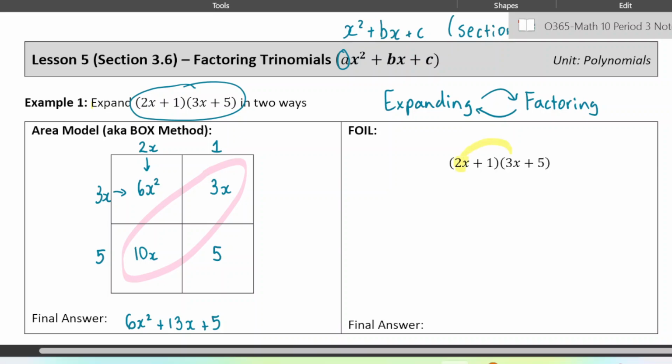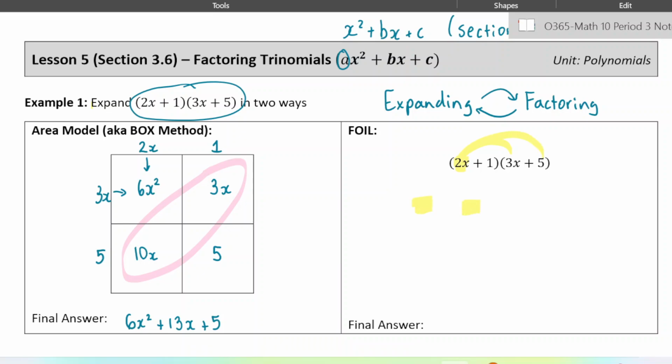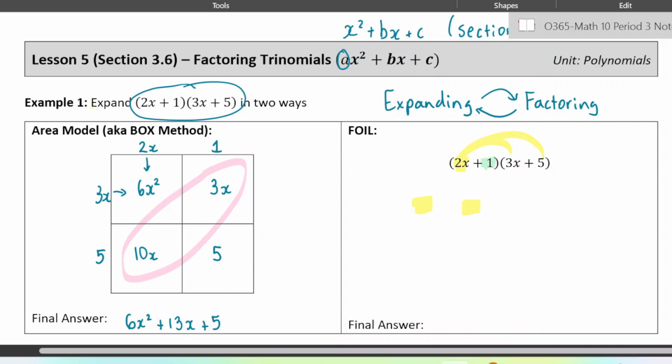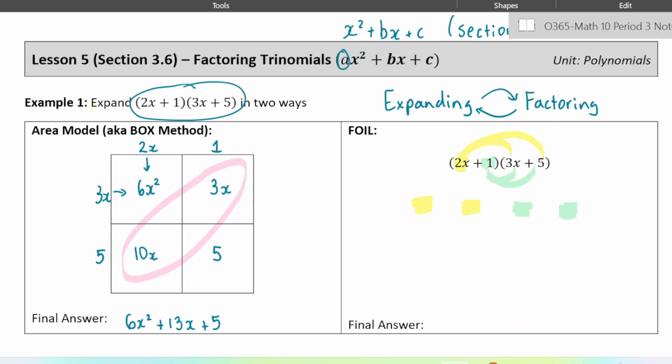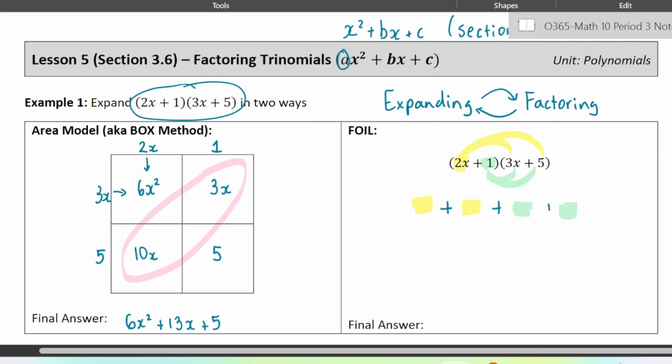So I'm going to take each term in the first bracket and multiply it with each term in the second bracket. So I'm going to get 2 yellow terms from multiplying with that 2x, and then I'm going to get 2 green terms from multiplying with that 1. Let's see what I get. Okay, these should be the same terms that I see in the box method as well. 2x times 3x is 6x squared.